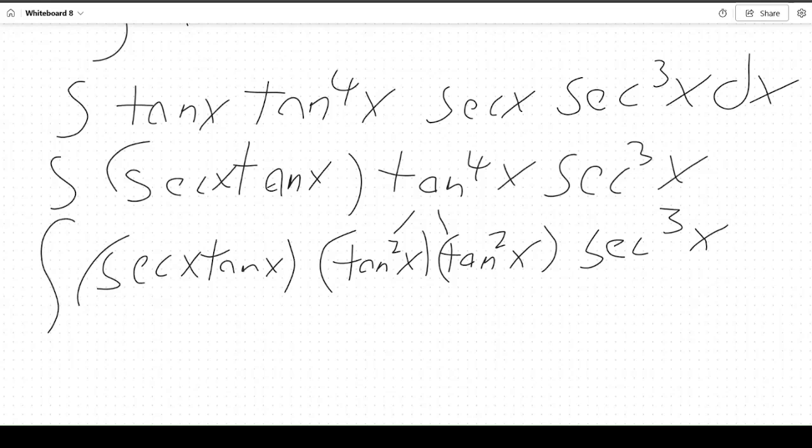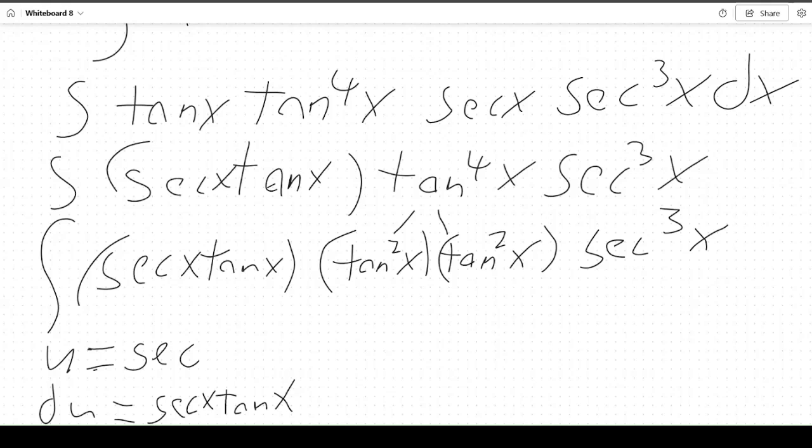We will have to substitute u for secant. So whenever there's a u, just plug in secant. And the derivative of u, or secant, is secant x tan x. And we have secant x tan x right here.